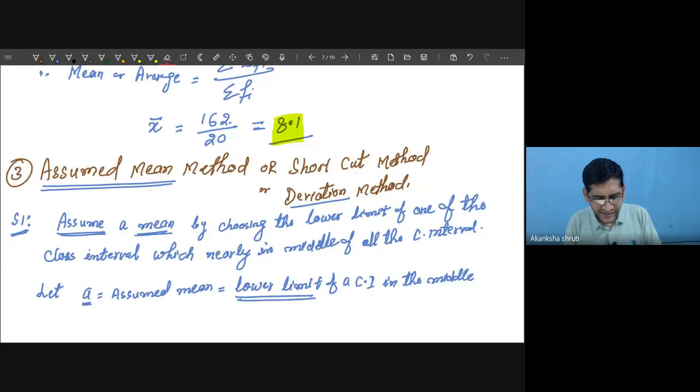So example, for the above, let A is equal to 6. It is the first step that you have to do. Then the next step is like this. So let me write it. Let A is equal to 6.